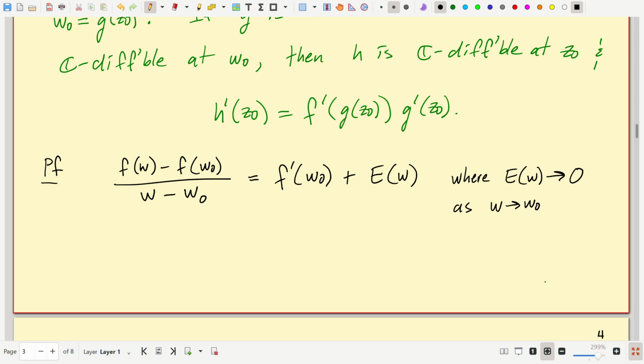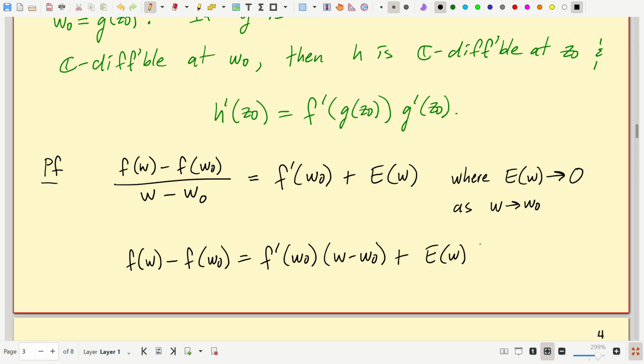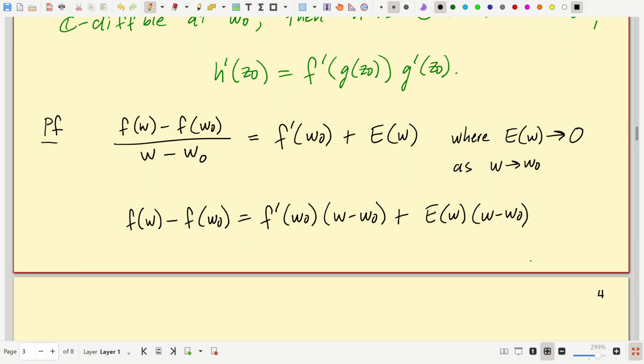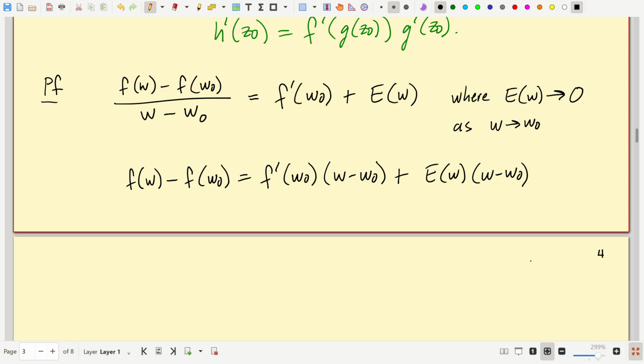So I can solve this for f of W minus f of W naught. That would be equal to f prime of W naught times W minus W naught plus E of W times W minus W naught. I'll put that in a box, not a red box.